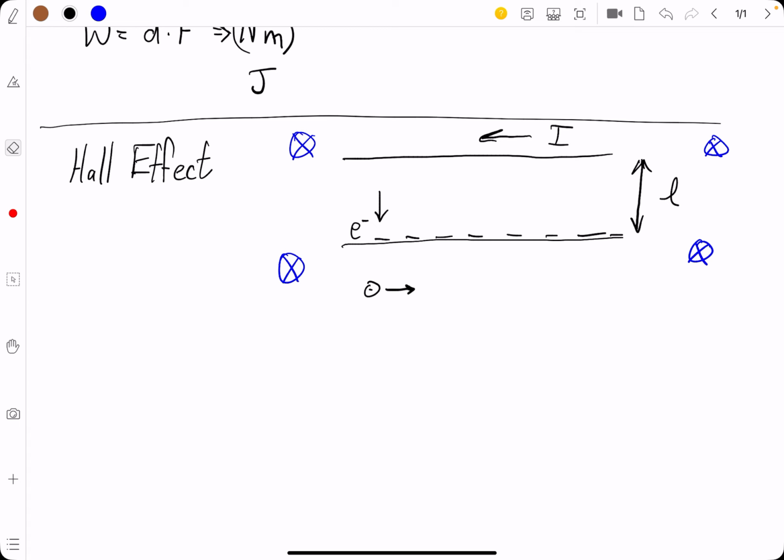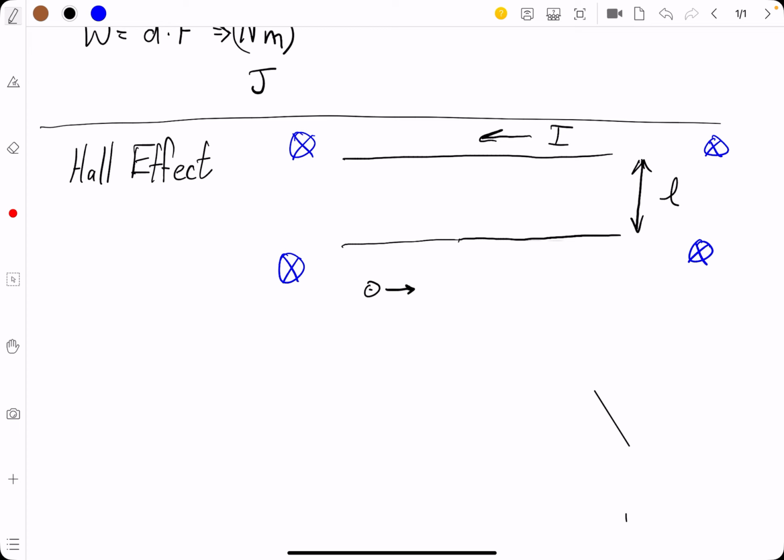Do I have it backwards? I have it backwards. It flips. Darn it. It flips. My mistake.